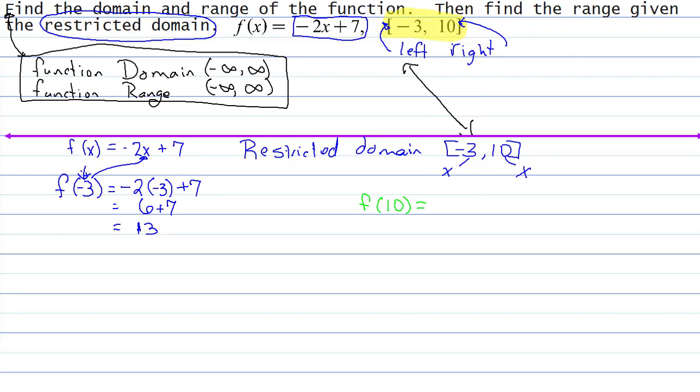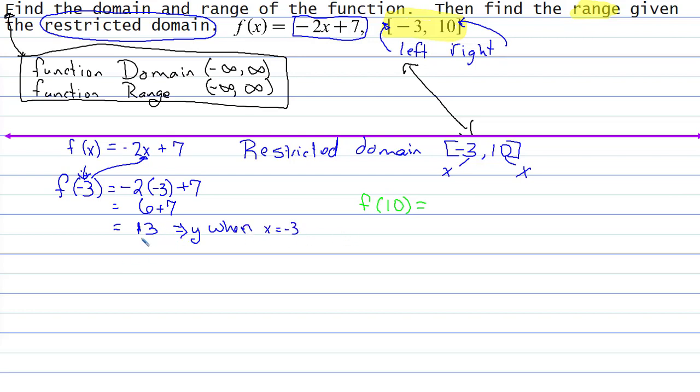And we're asked to find the range given that restricted domain. So range is looking for y values. When we're plugging it in, this will give us the y value when x is equal to -3.